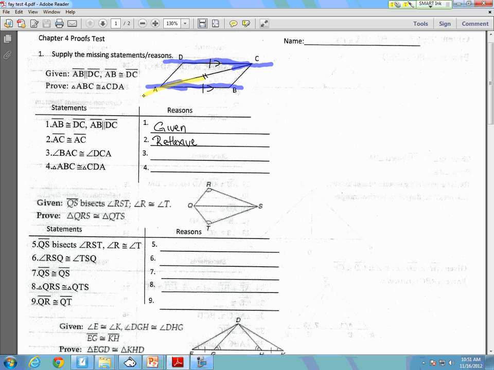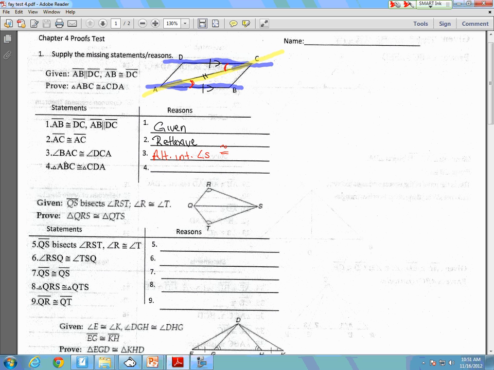They're then cut by that yellow transversal. So this angle and that angle should be congruent because they're alternate interior angles. If two parallel lines are cut by transversal, then alternate interior angles are congruent. That should be the reason. Just to save some writing, I'm just going to write alternate interior angles congruent.